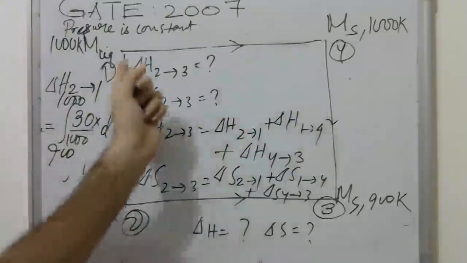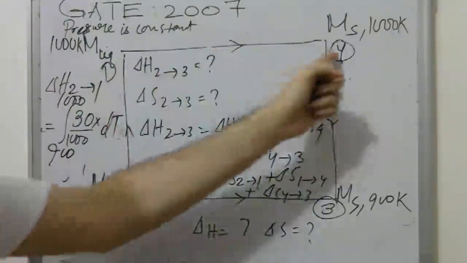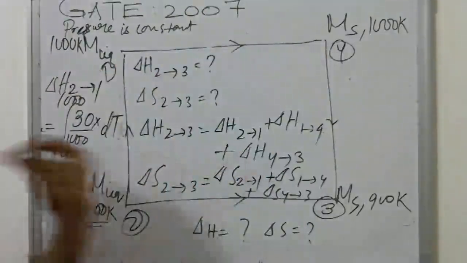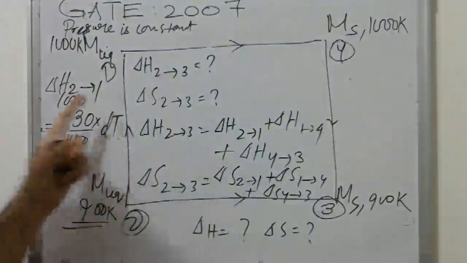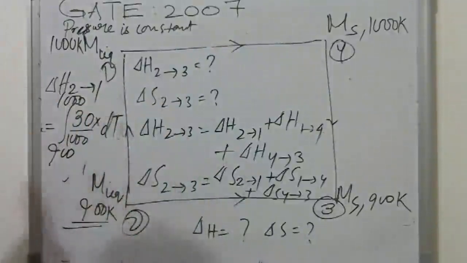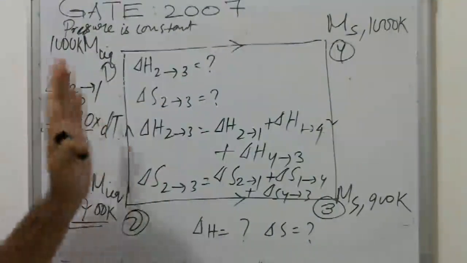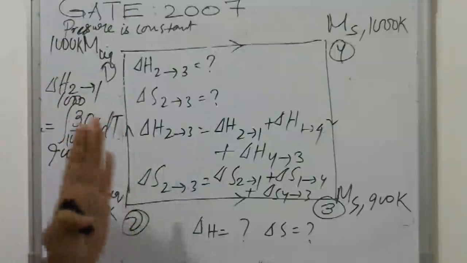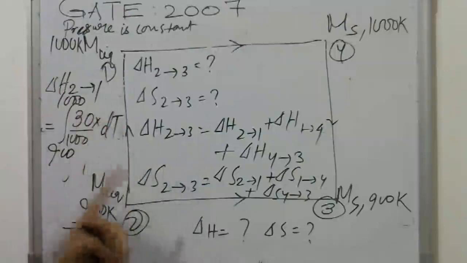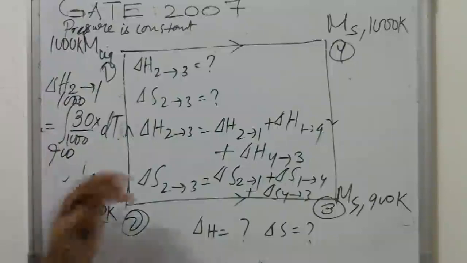What is this part? 1 to 4. The enthalpy is directly given. It is 10 kilojoule per mole. We are calculating for a 1 mole particle. That's what I've been asked. So for 1 mole, the enthalpy of fusion is 10 kilojoule. Remember, a solid always contains less heat than a liquid.